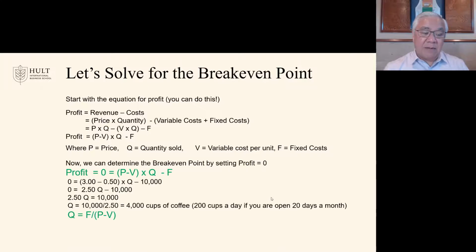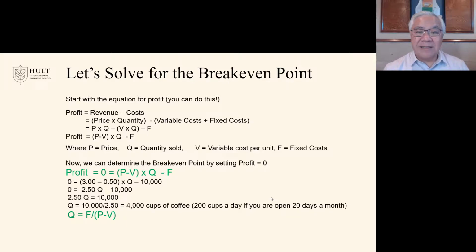Next, let's solve the problem. So we say, at break even, what does that mean? Well, profit equals 0 at break even. That's what break even means. So we set the function to be 0 equals, the price is $3, the variable cost is $5, so 3 minus 5, times Q, that's the unknown, we're going to solve for Q. And then we'll subtract the fixed cost of 10,000.